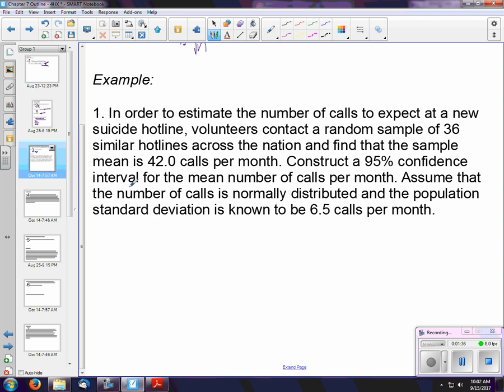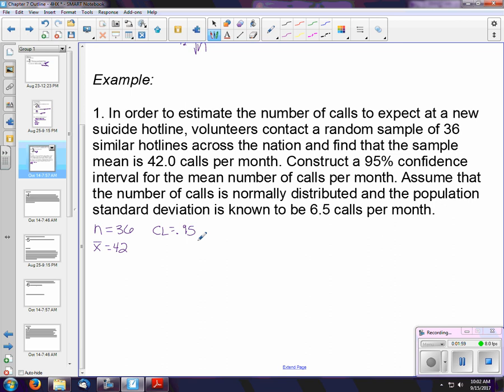So if we go back there, I'm just going to list out in order what they've told us. They said that we took a sample of 36, that our mean from that sample, in other words, that's x bar, our point estimate, is 42. We want to construct a 95% confidence interval, which means that CL is 0.95.